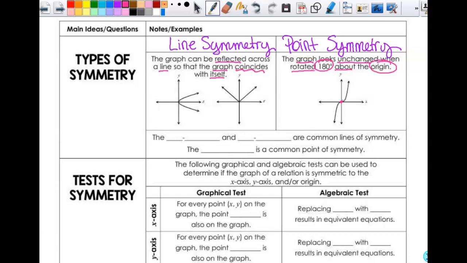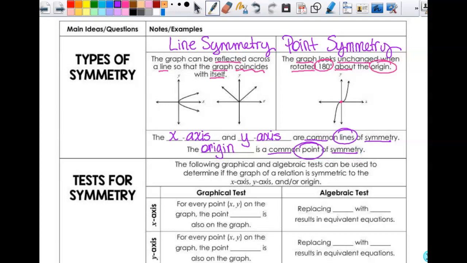So when we talk about x and y symmetry and origin symmetry, the x-axis and y-axis are common lines of symmetry. And then the origin is a common point of symmetry. Right?